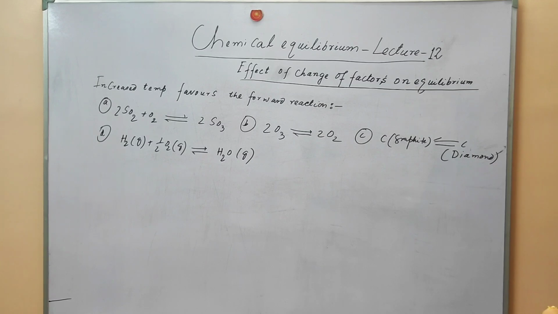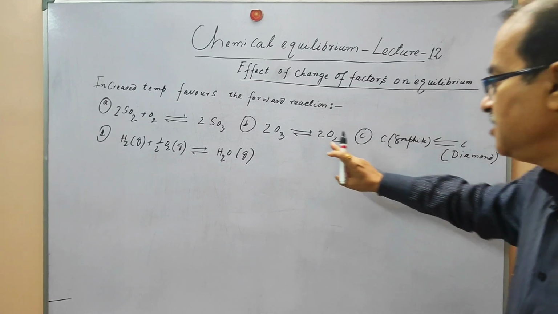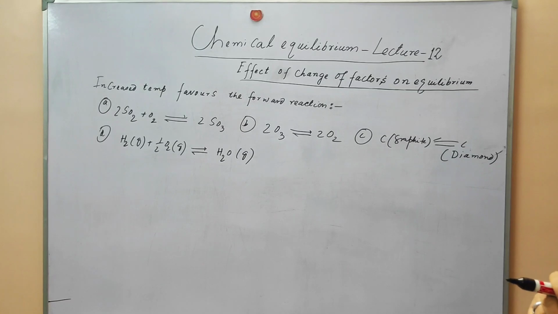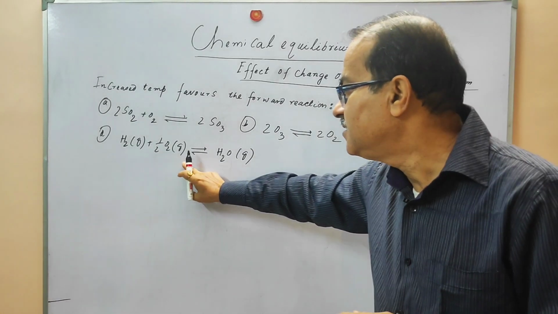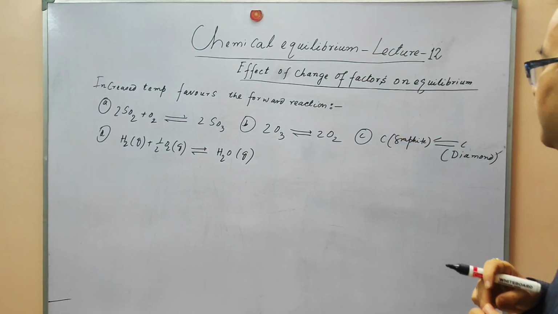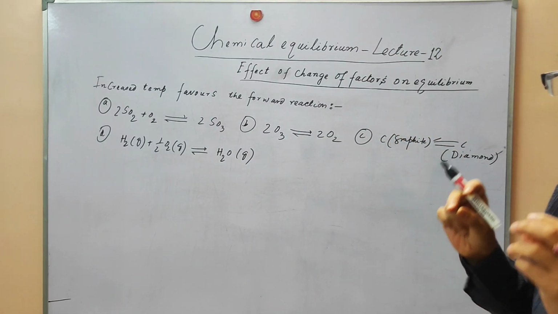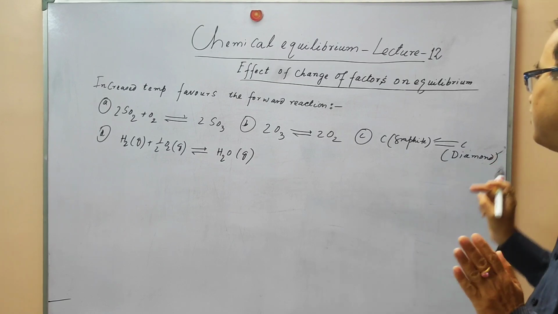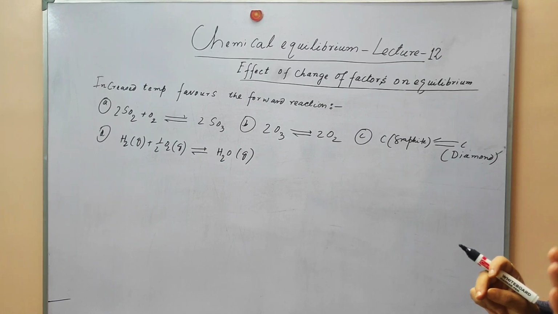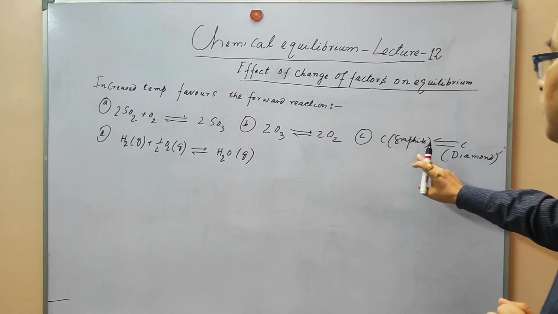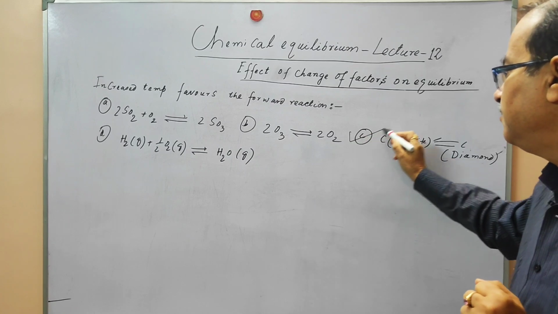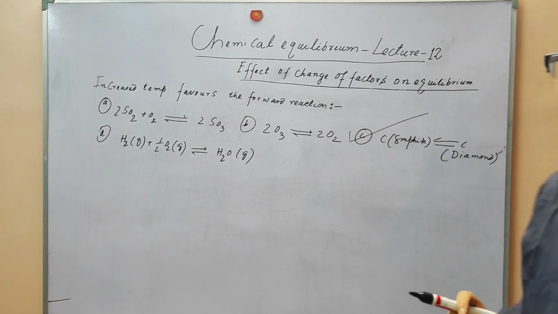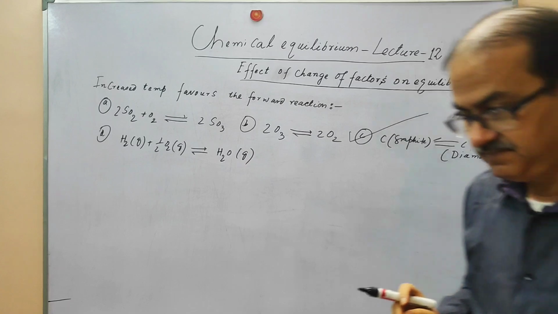This will be an exothermic reaction. The conversion of ozone to oxygen is also exothermic, and this reaction is also exothermic. But when graphite is changed to diamond, this reaction is endothermic. You have to give some energy for it to change to diamond, and this reaction will favor the forward direction with increased temperature.